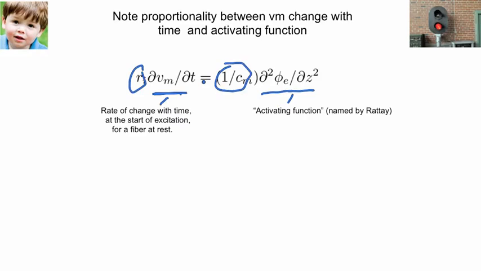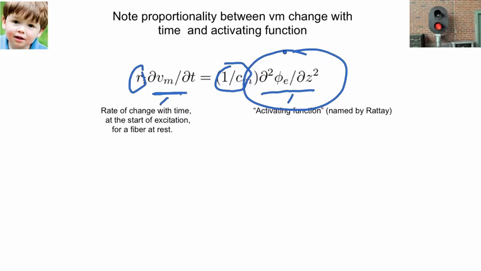Or said a little more loosely, at the beginning, the rate of change of potential with time goes as the second derivative of the extracellular potential around the fiber and in the direction of the fiber axis.